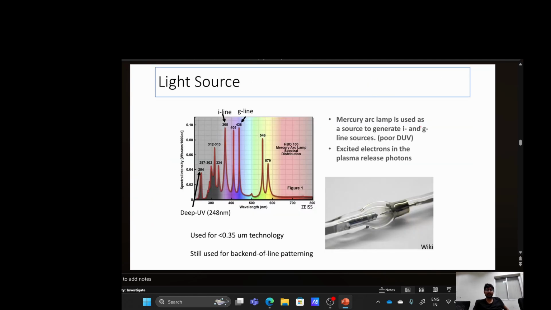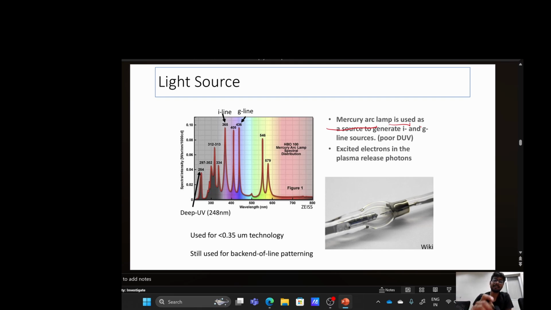And what are the properties of the light source, what type of light source do you need to use? There is a mercury lamp. The mercury lamp is used mainly in these kinds of lithography tools.